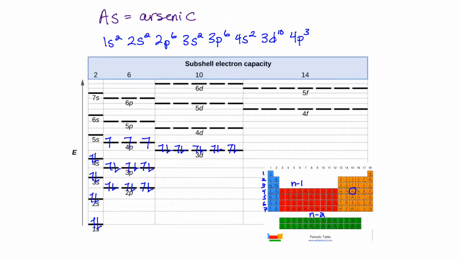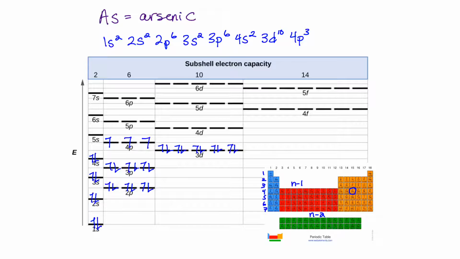If you end up with orbitals that are totally filled up like this one, that means that they tend to be less reactive. So I'll let you hazard a guess as to what all of your noble gas electron configurations look like, right? Okay, so this is a full electron configuration for arsenic.